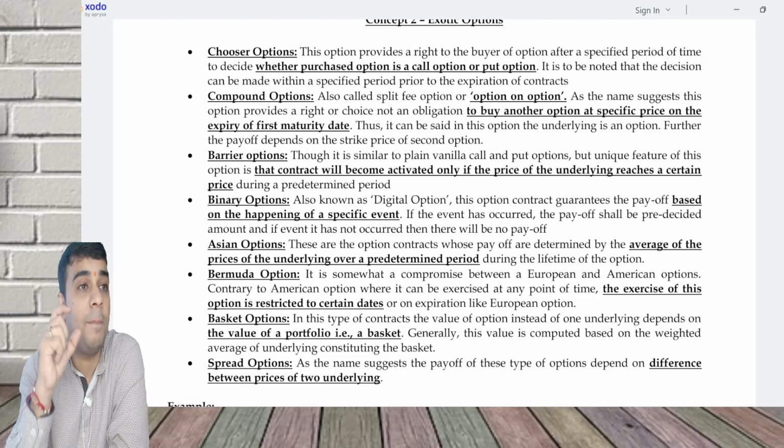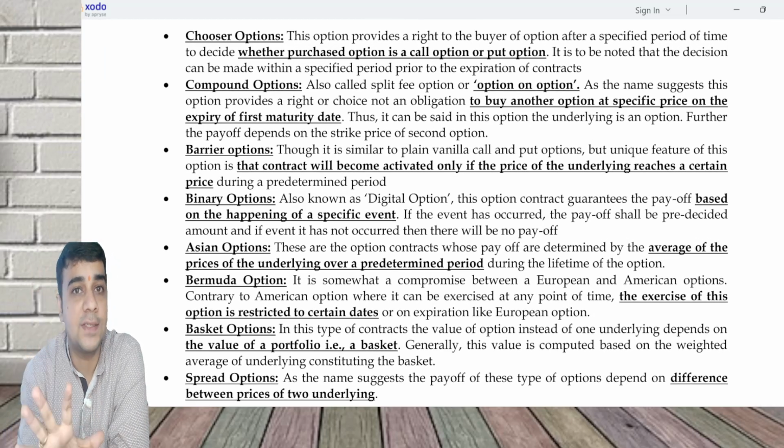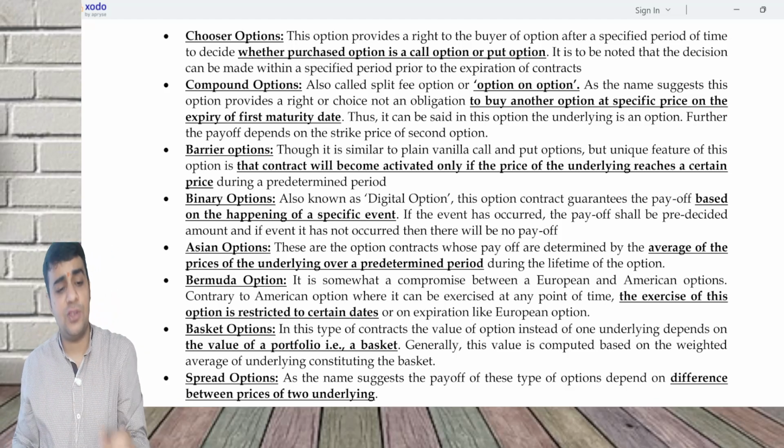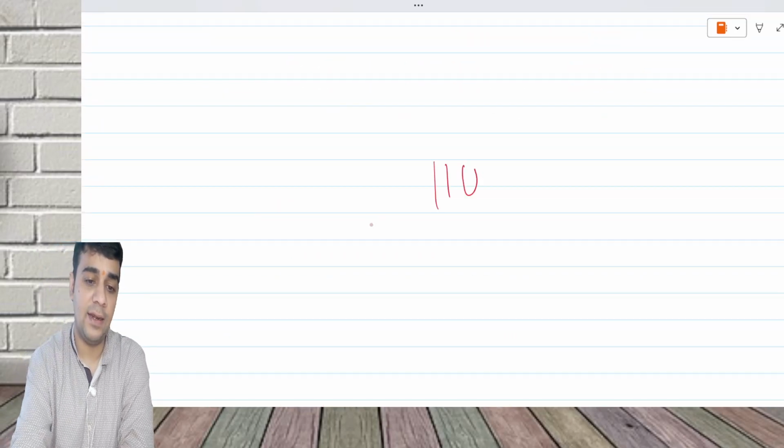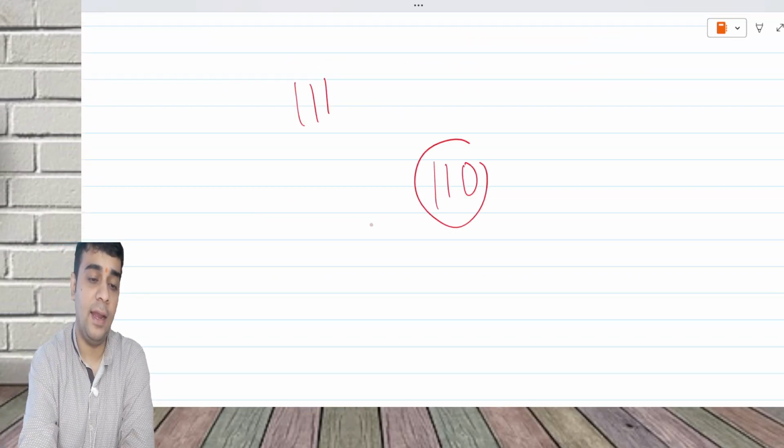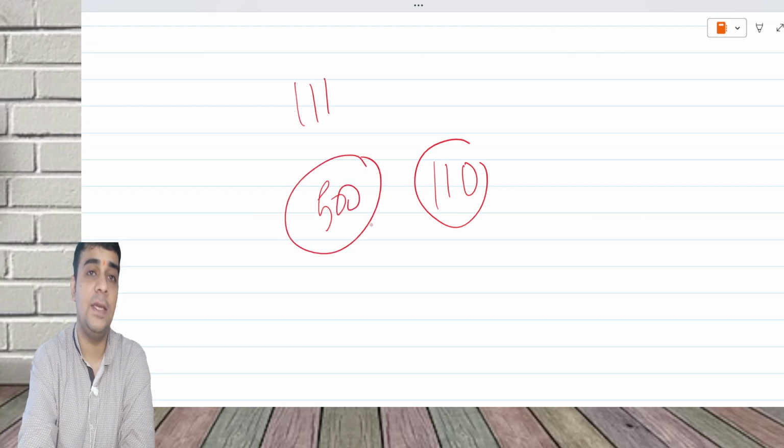Or 150 minus 100, 120 minus 100. There's an option called binary option. What this option says is, if you are going to exercise, pay 1000 rupees or pay 500 rupees, pay 0 rupees, whatever is the amount you decide. If you are not going to exercise, you will get 0. So if the exercise price is 110 and the price is 111, I'll be paying 500 rupees as the payoff.